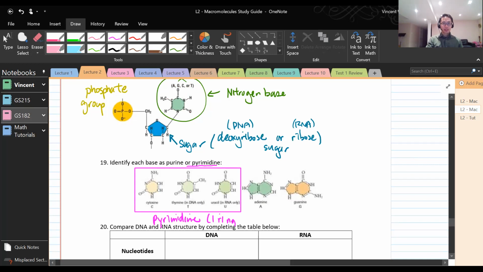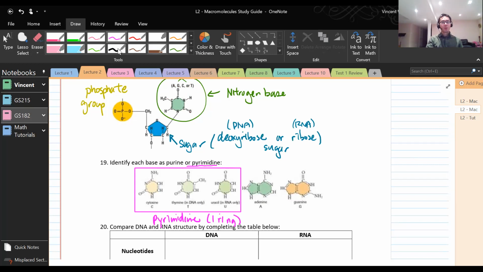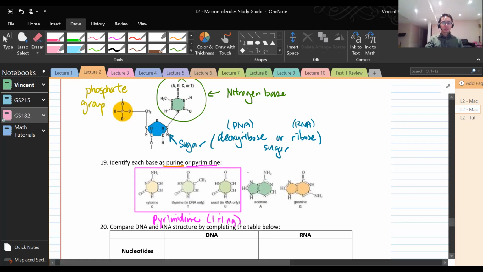Whereas purines are these ones. They have 2 rings. Okay. And in order to remember it, you can use this phrase, pure as gold.